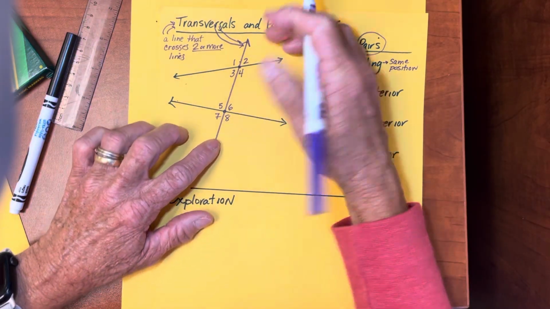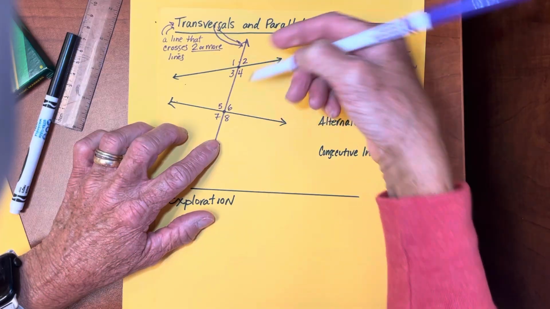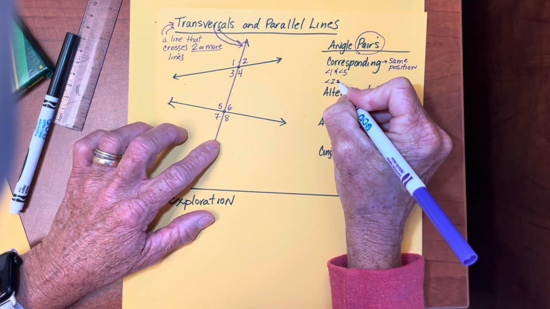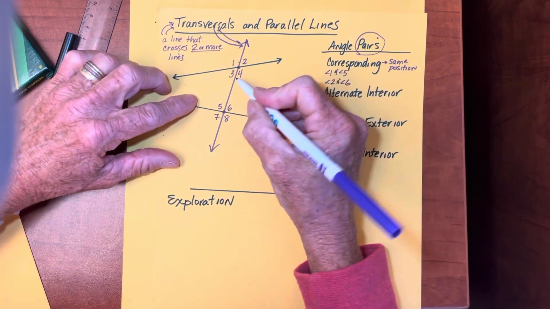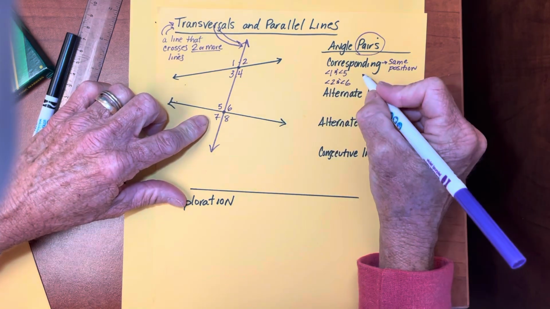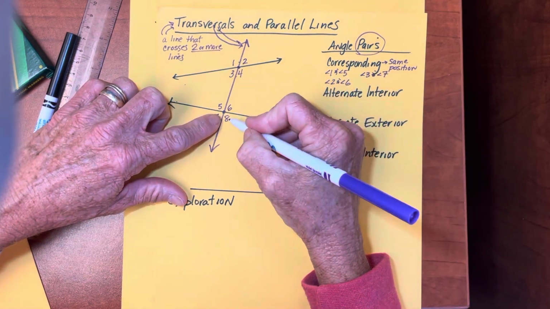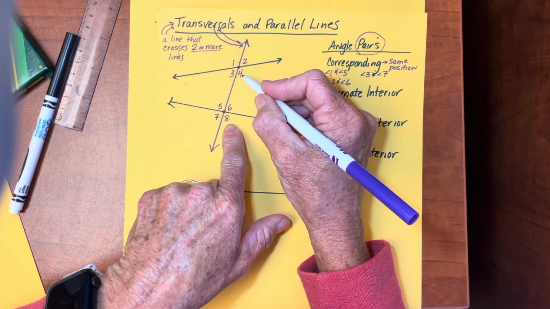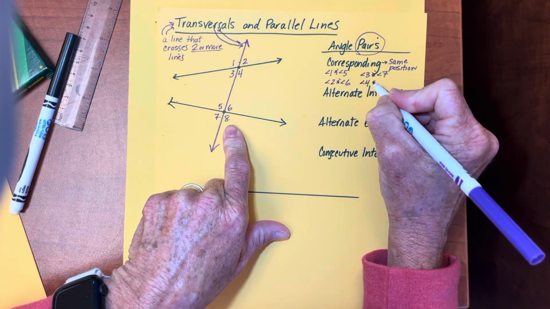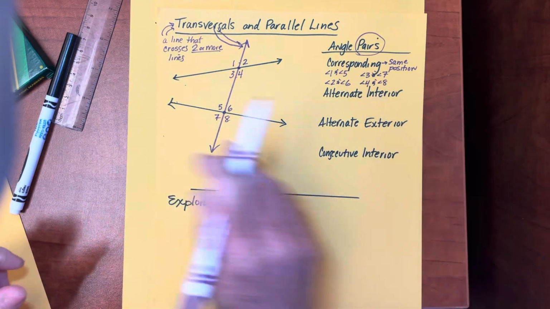Likewise, so are 2 and 6. 2 is in the upper right, 6 is in the upper right. 3 and 7 are both in the lower left position. And then 4 and 8 are both sitting down here in the lower right position. So that's what it means to be corresponding.